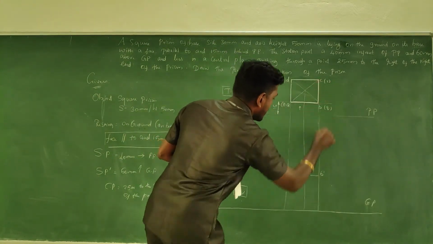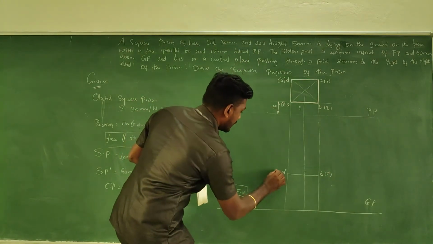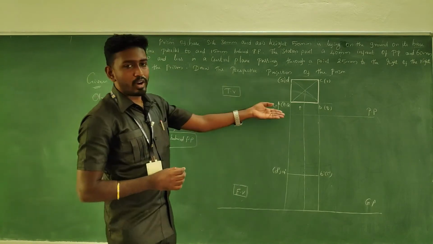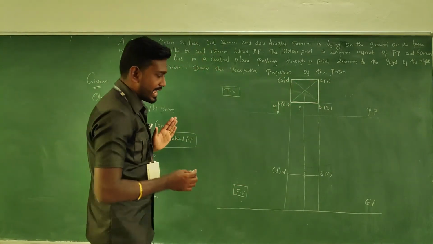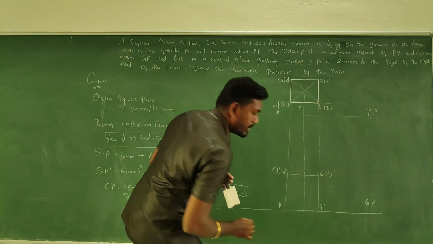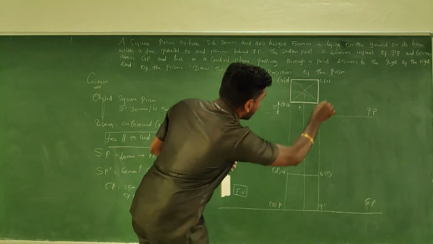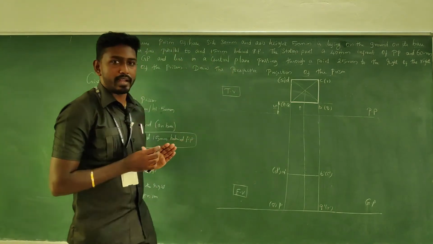C is invisible, inside the brackets, and D dash is invisible, taken inside the brackets. What about the bottom base? P and Q will be visible, R and S will be invisible. P dash and Q dash are visible, and S dash and R dash are invisible, taken inside the brackets.